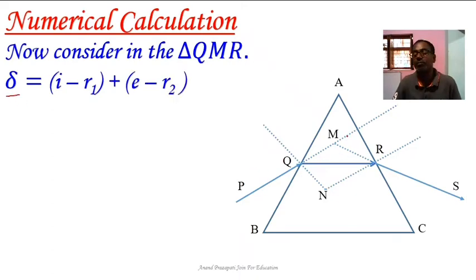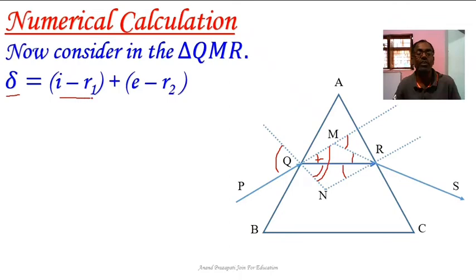This is the delta, and delta is the exterior angle of this one and this one, and this is the R1 and this is the R2. So this is the I. So vertically opposite angle, this one will be also I. So this one will be I minus R1.